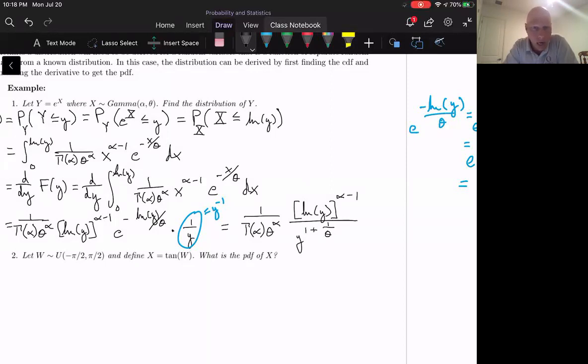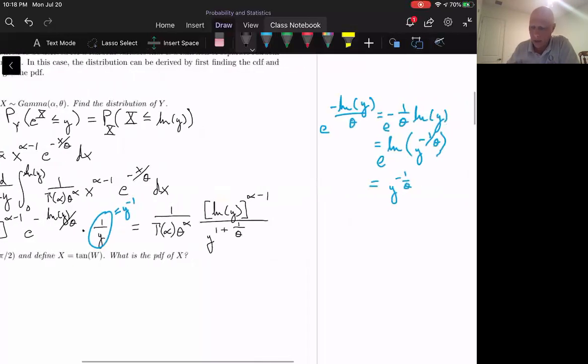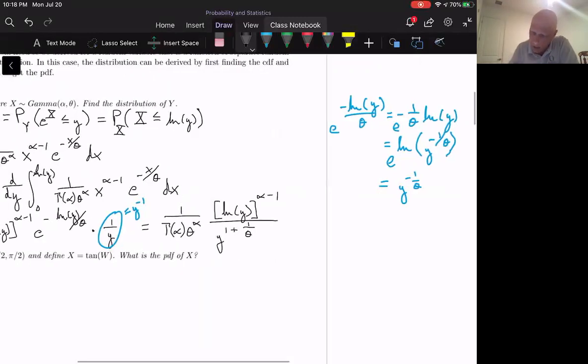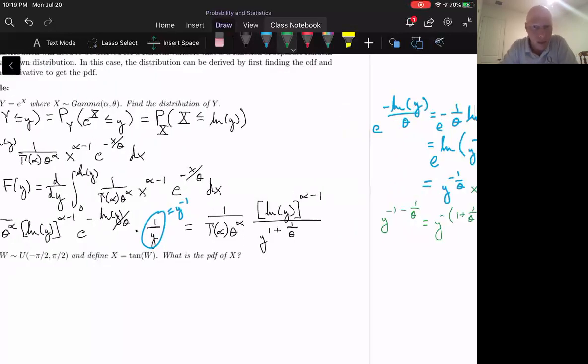The natural log of y to the alpha minus 1 didn't change. But I realized I had a y to the negative 1, and that the exponential term is y to the negative 1 over theta. So if I combine by multiplying by y to the negative 1, you get y to the negative 1 minus 1 over theta, which is y to the negative 1 plus 1 over theta. And when you have something to a negative power, that's the same as 1 over that something to a positive power, which is why I don't have any negative signs in the denominator in my answer.